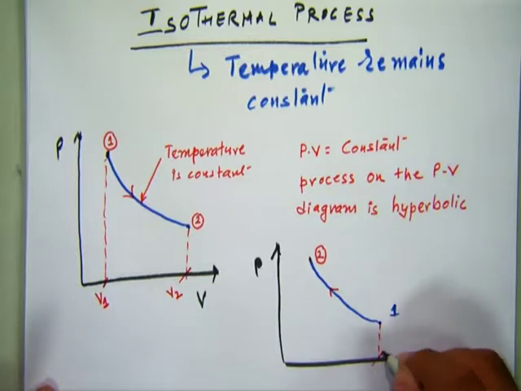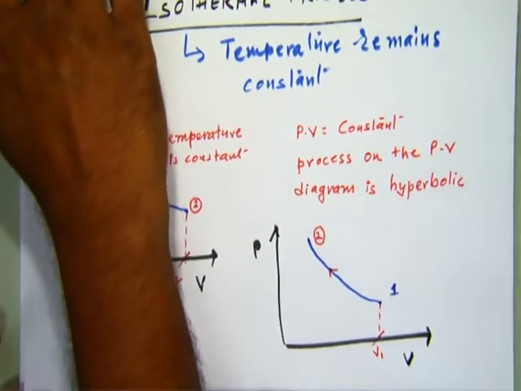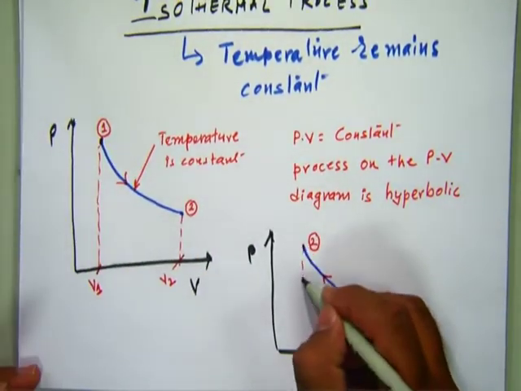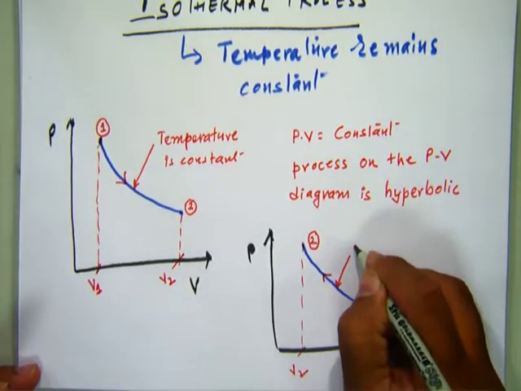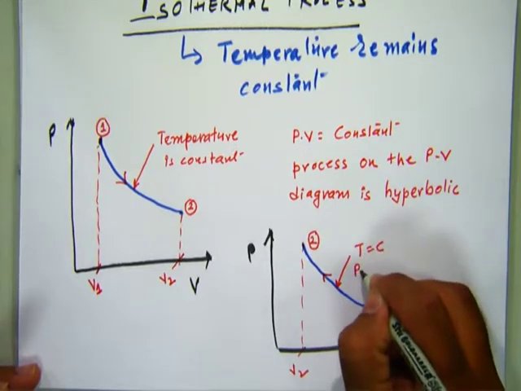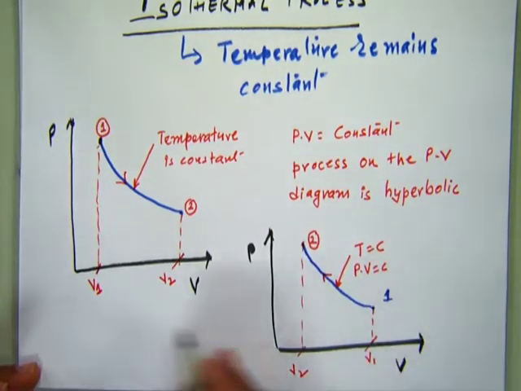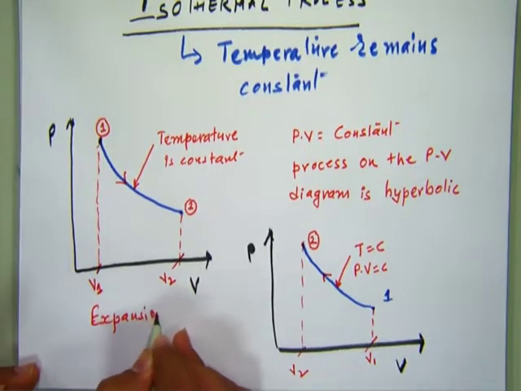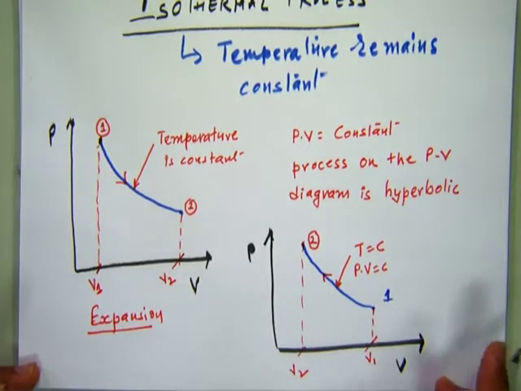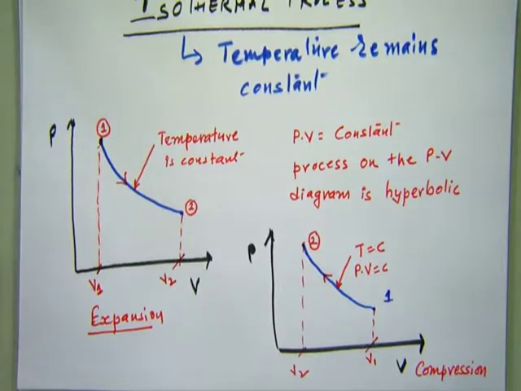So initially the volume is V1. At the end of the process, volume is V2. Again, temperature is constant, P into V is constant. The process is hyperbolic from 1 to 2. This is called expansion. This here is called compression, right?